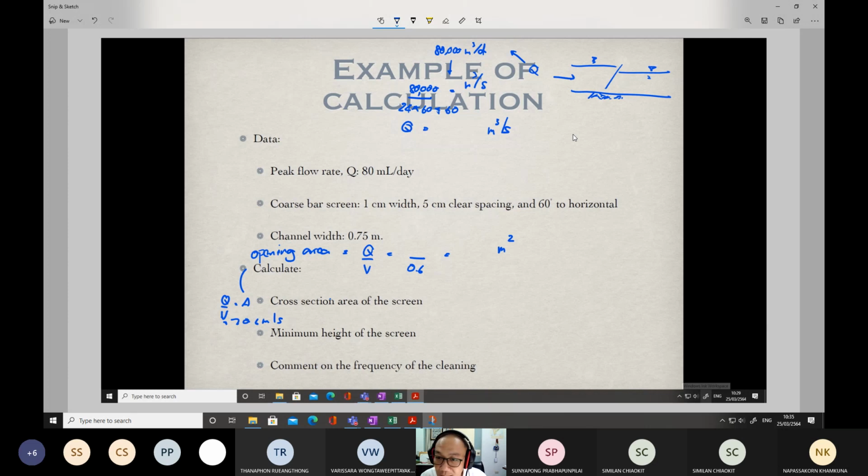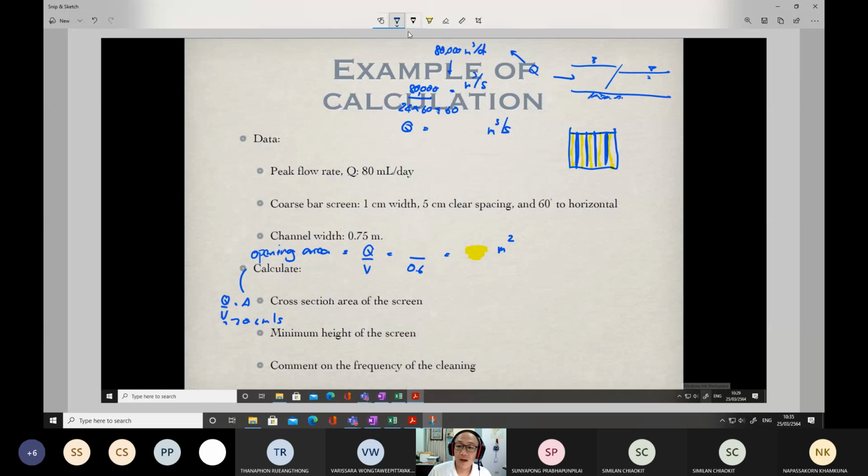The screen actually contains some bars, but the area that we determined is just the opening area, which I put in yellow here. A combination of all the yellows is equal to this amount.